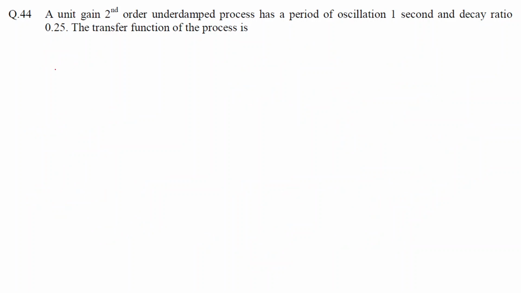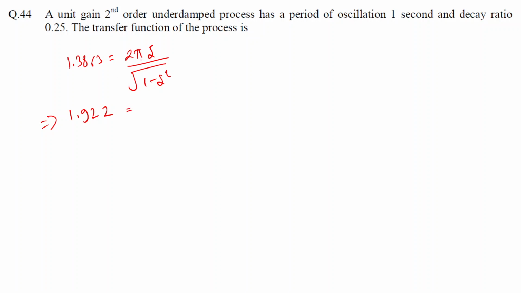So ln of 0.25 will be minus 1.3863, equal to, on the right hand side, minus 2 pi zeta upon under root of 1 minus zeta square. The minus on both sides gets cancelled. So on solving this, we get 1.22.